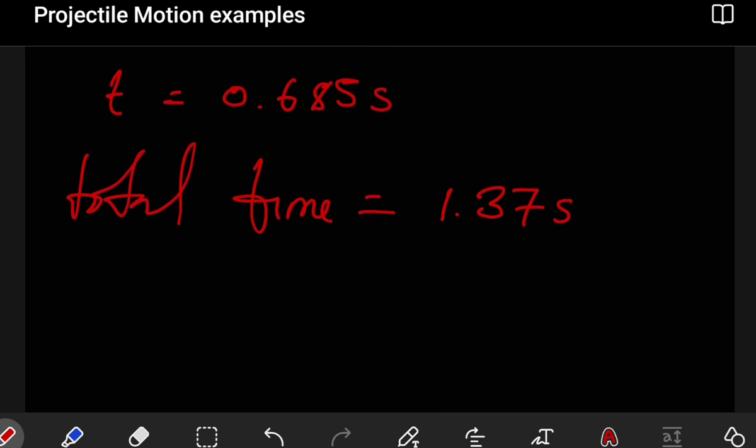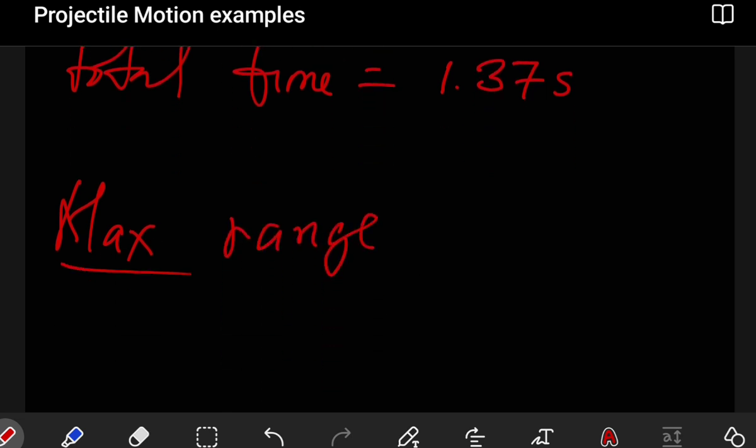Now, this is the time it would have taken if he jumped at that right angle, that 45-degree angle. So let's find the maximum range that he could have achieved. The maximum range, now we are in the x-axis. And what is happening here?